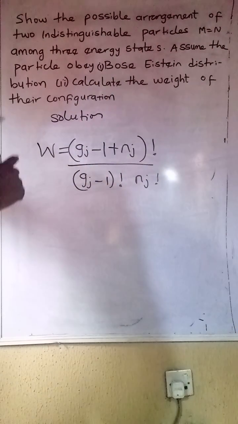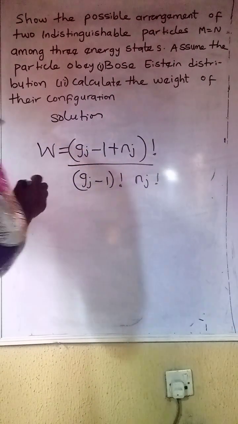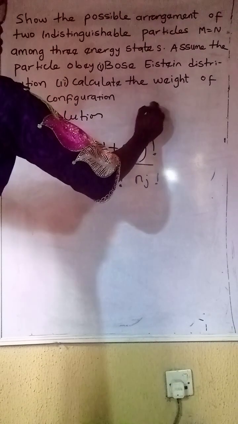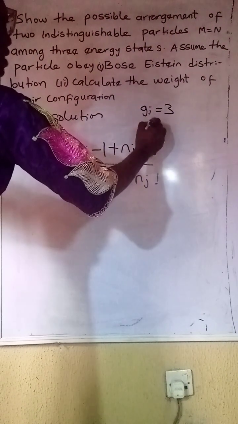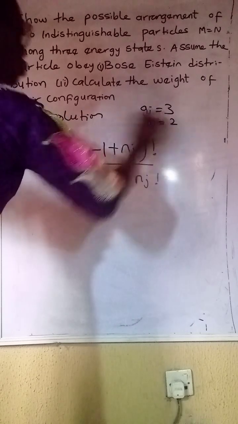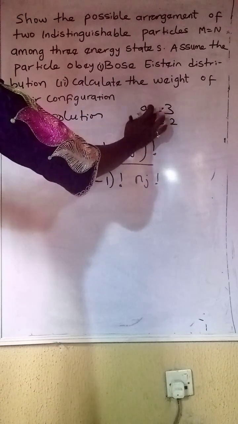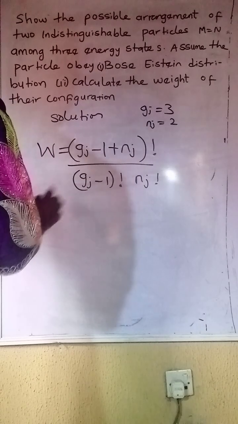Now, GJ is the energy level and it is given. So we have GJ is equal to 3 and NJ is the occupation number, and we have 2. So we are going to substitute GJ, NJ in this formula.